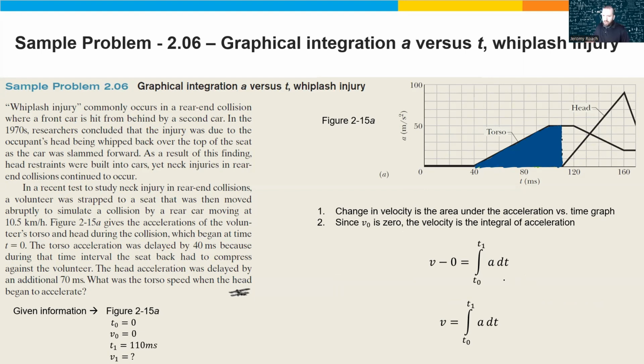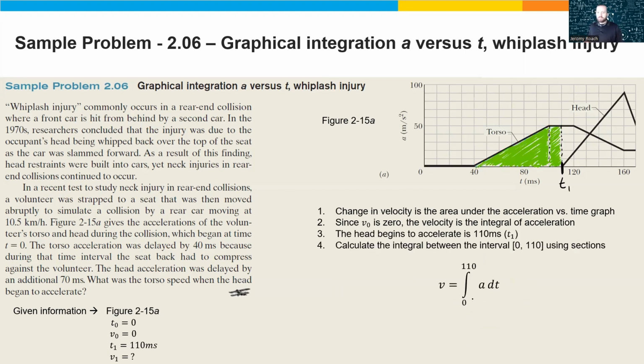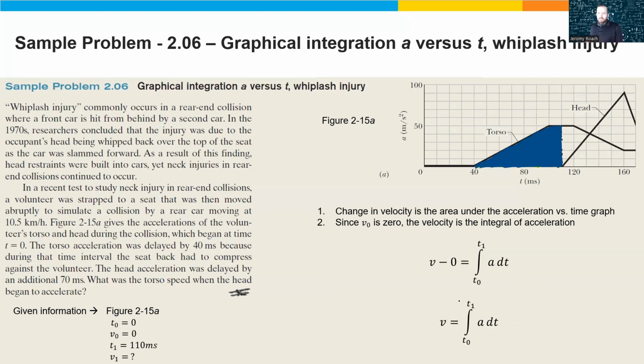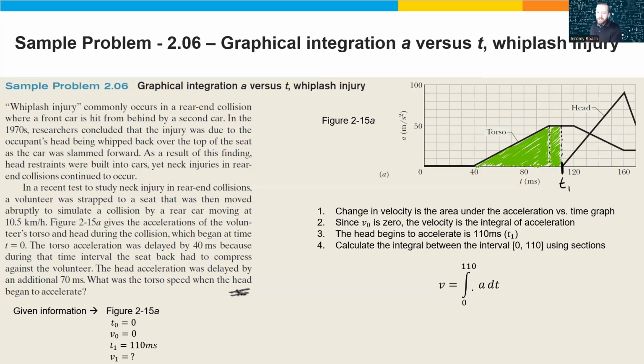Because our initial velocity is 0, we can simplify this to just velocity is the integral of acceleration from our initial time to our time 1. The head begins to accelerate at 110 milliseconds, and so now we're going to calculate the integral between the intervals 0 and 110.